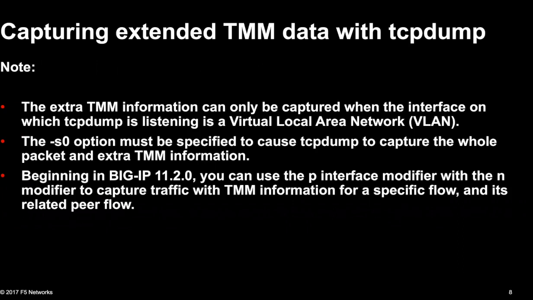So after the noise level, the nnn, you can add a p modifier, so you can capture the traffic with TMM information for a specific flow and its related peer flow. We will see in the next slides the advantages of this p modifier.